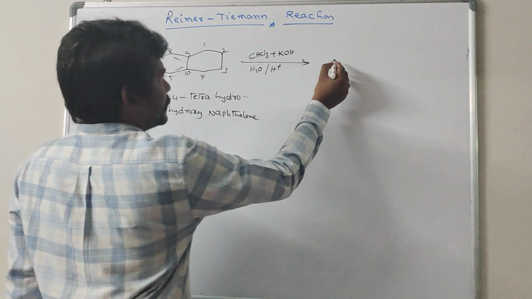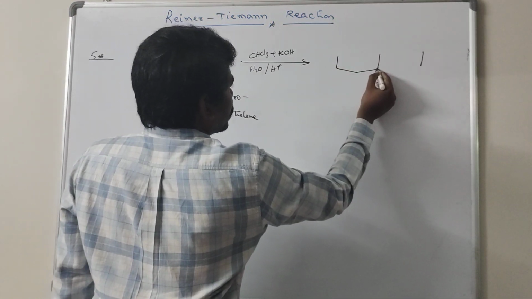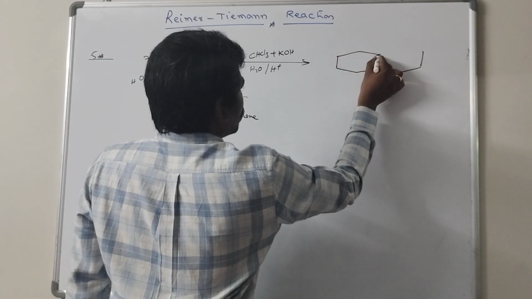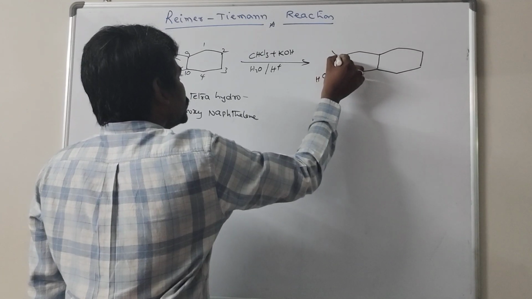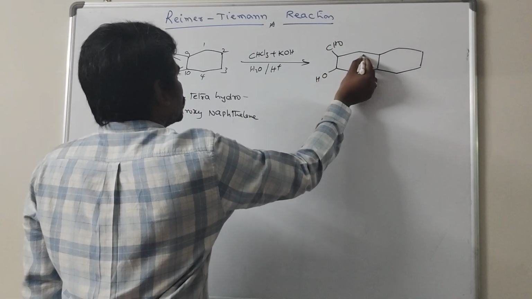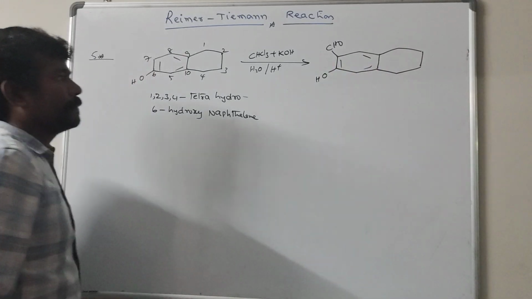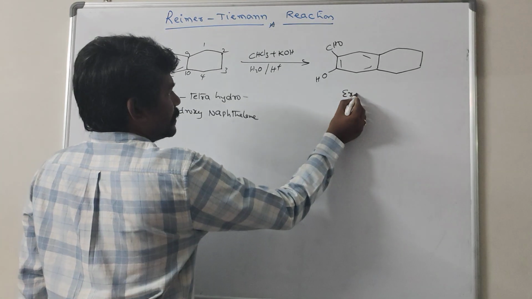This is expected, very important. So the ortho aldehydic substituted compound is formed. Here the OH group, this is the ortho position to this carbon. This is the expected compound.